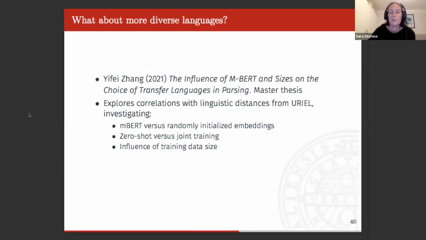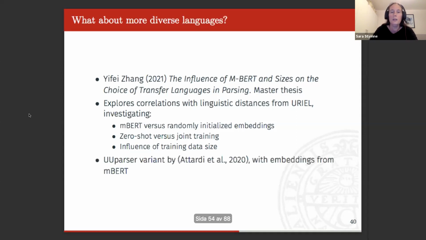So in the first study, it's the work of another of my master students, Yifei Zhang, for her master thesis, where she explored the correlations with linguistic distances again from the URL database, and she was investigating the impact of using MBERT embeddings versus using randomly initialized embeddings that we talked about before. She was also looking into zero shot versus joint training, and also again on the influence of training data size that Antonia already talked a little bit about.